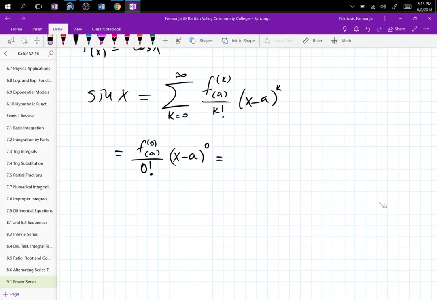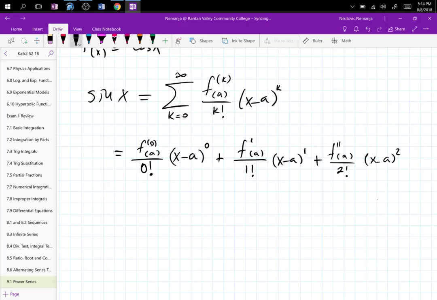Second term, so plus, the first derivative computed at a divided by 1 factorial times x minus a to the 1. You see that in this case x minus a survives, and that's the linear part. It died in the first one. Plus the second derivative computed at a divided by 2 factorial times x minus a squared.